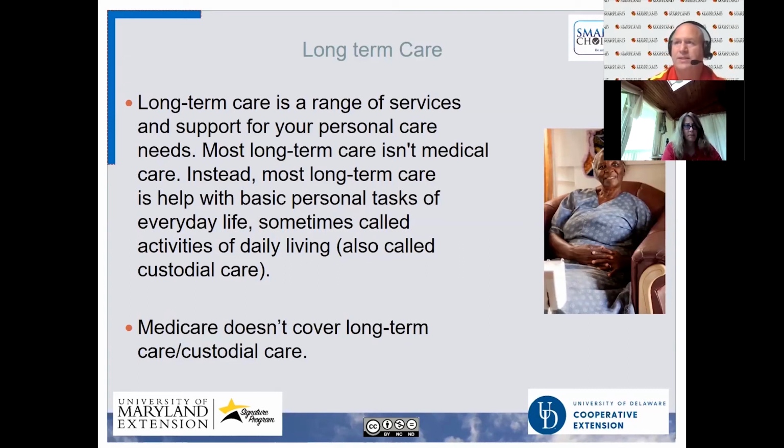Instead, most long-term care is help with personal tasks of everyday life, sometimes called activities of daily living, but it's also called custodial care. And that's the term you're going to hear within the field, custodial care. So Medicare does not cover long-term custodial care. And that's important to know too.